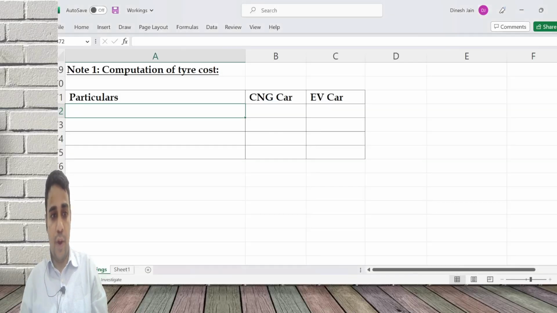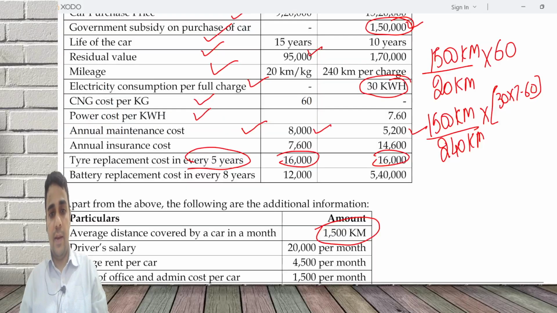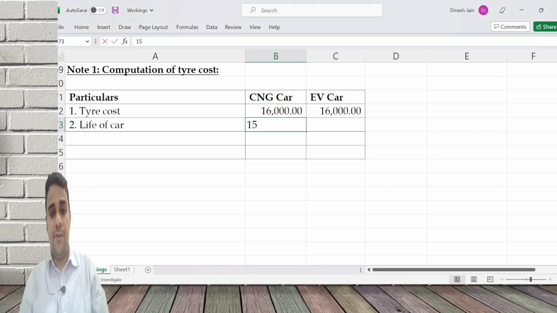So, point number 1, tire cost 16,000, 16,000. Life of car: the life of the car is 15 years and 10 years.